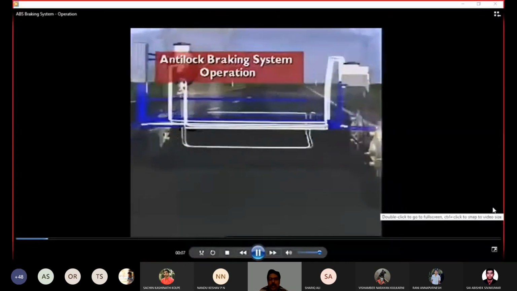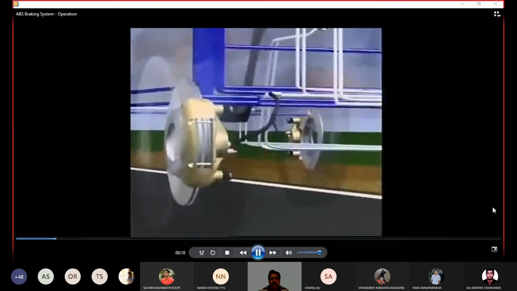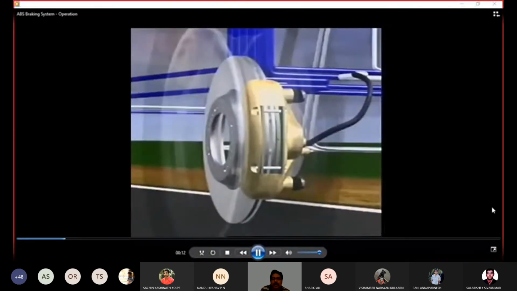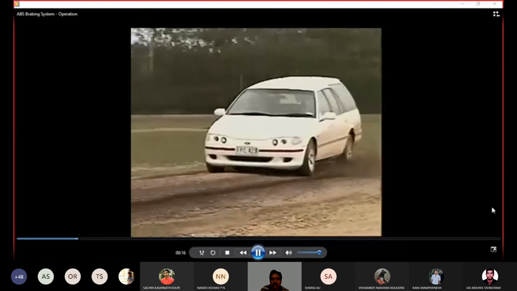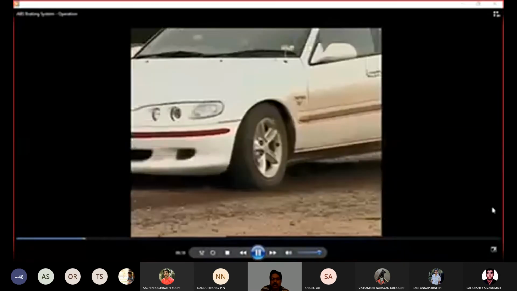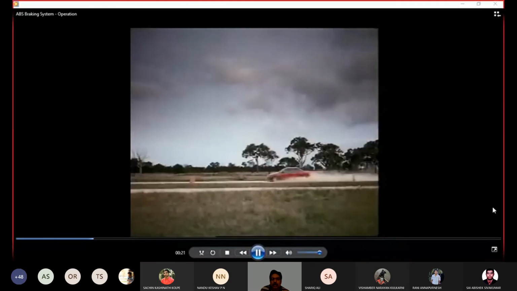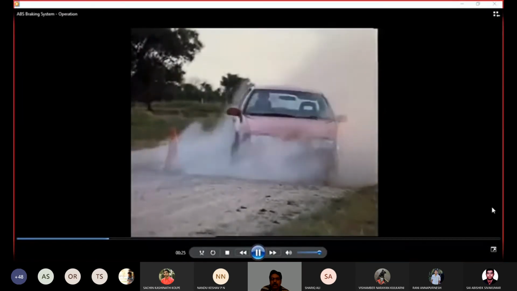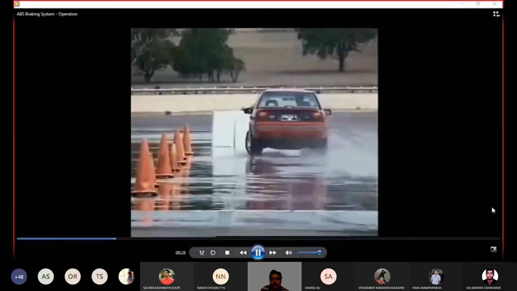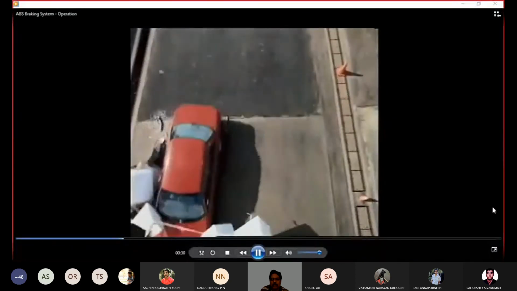This video essentially for this section examines the anti-lock braking system. Applying brakes too hard or on a slippery surface can cause the wheels to lock. When wheels lock, steering control is lost and, in most cases, it produces longer stopping distances.